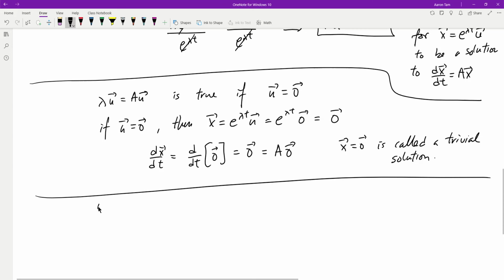Well, if u is not 0, then we now actually have a solution.